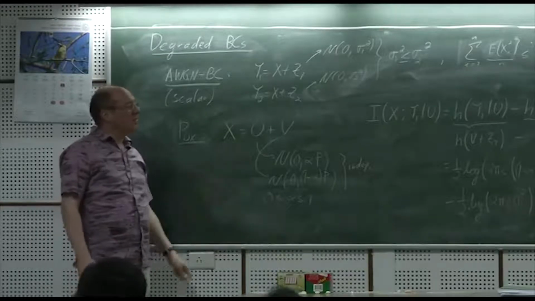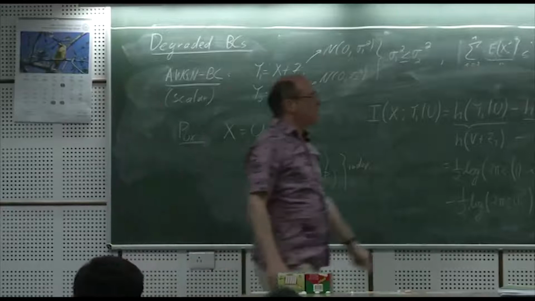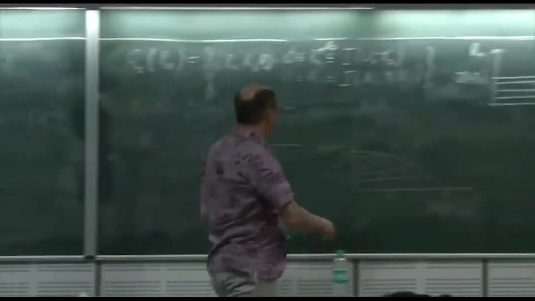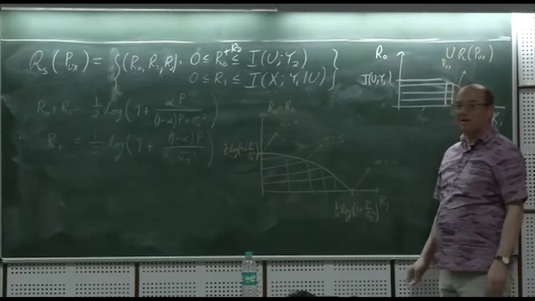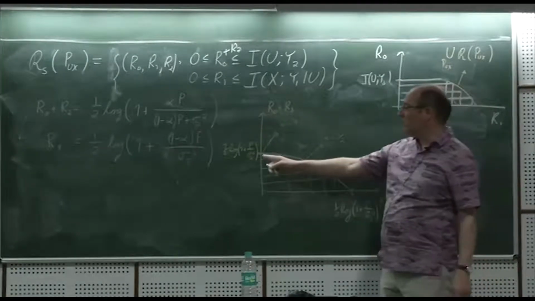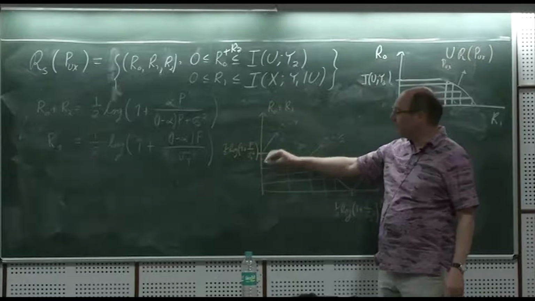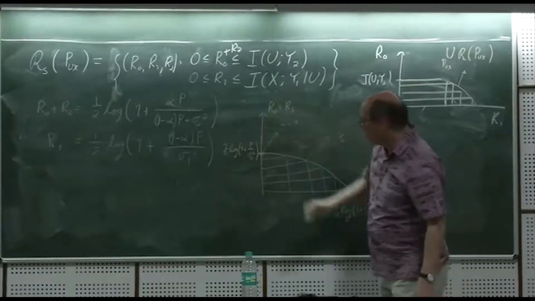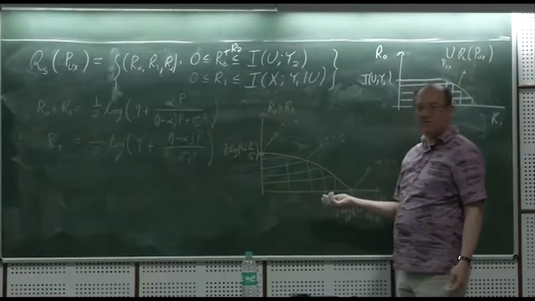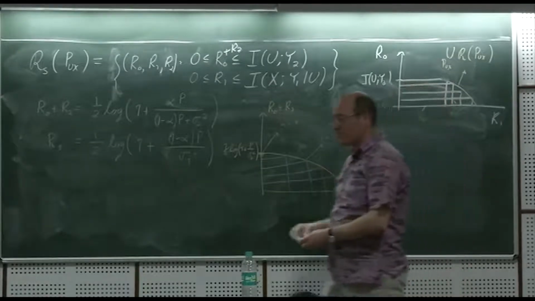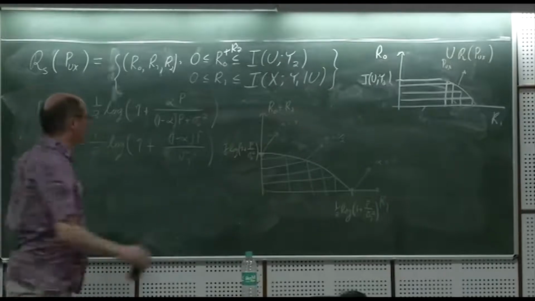So we can think about doing that and then plotting what kind of rates we get. In fact, what kind of rates would we get if we just sent at power p part of the time to receiver 1? We would be operating here. And sending the other part of the time to receiver 2, well, you would be just getting a line in between. So let's draw that, because this is going to be a little bit interesting.